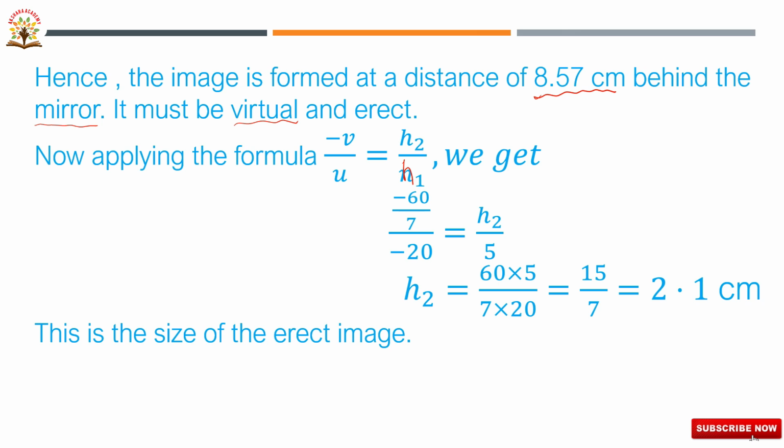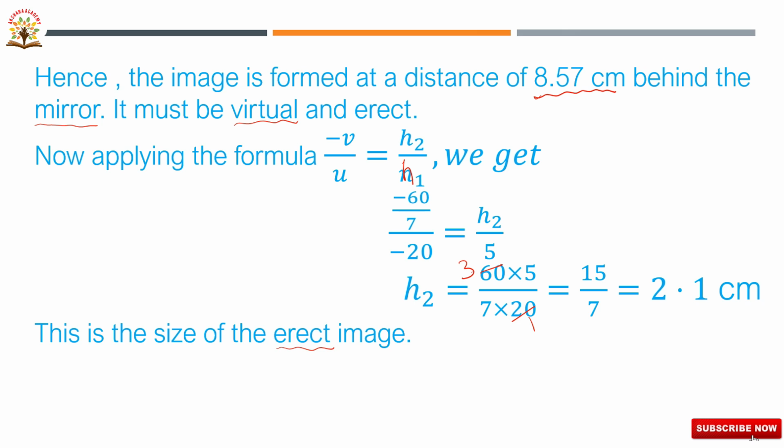So h2 is equal to 60 into 5 by 7 into 20. Now taking cancellation, 20 threes are 60, 3 fives are 15, 15 by 7, or we are getting 2.1 centimeters. So this is the size of the erect image.